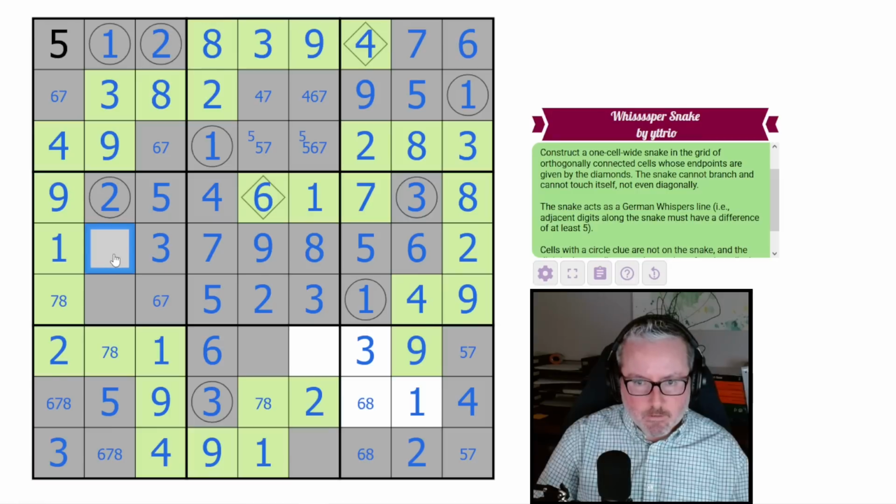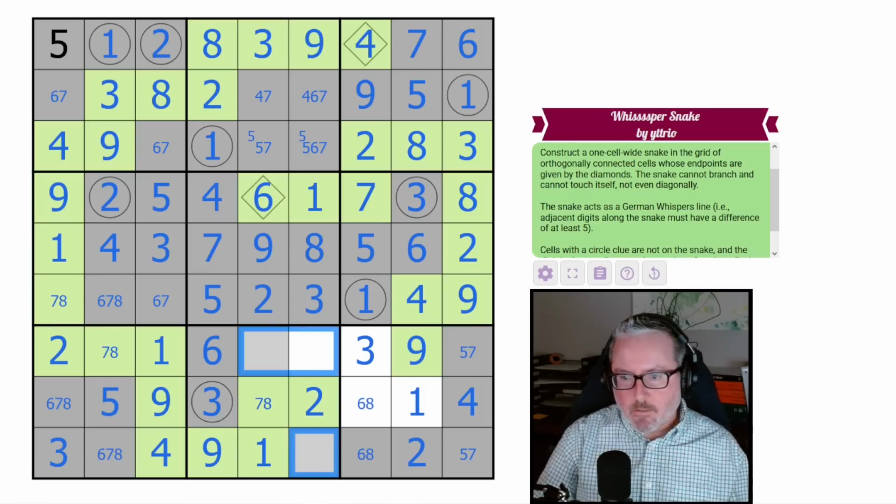That gives us this digit, which is a 4. These are 6, 7, and 8. Not super helpful. None of this is super helpful. Let's see what these digits are and see if we can figure out this last bit of this. We've got 4, 5, 7, and 8.